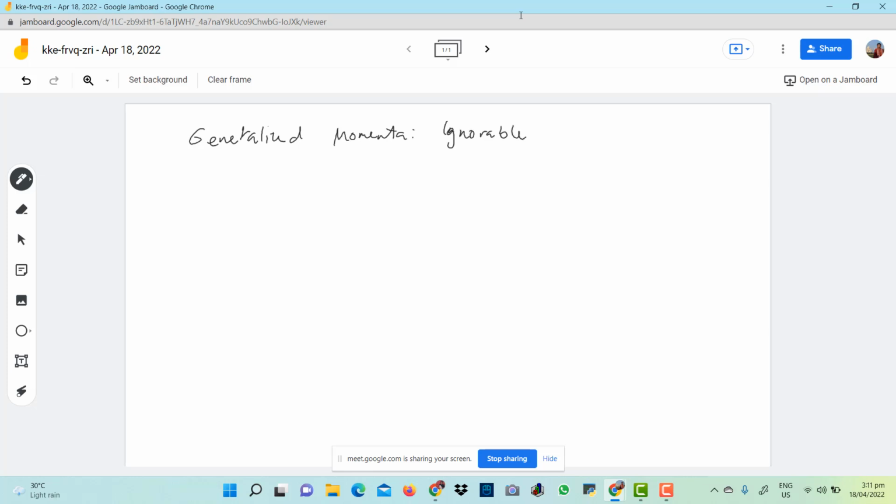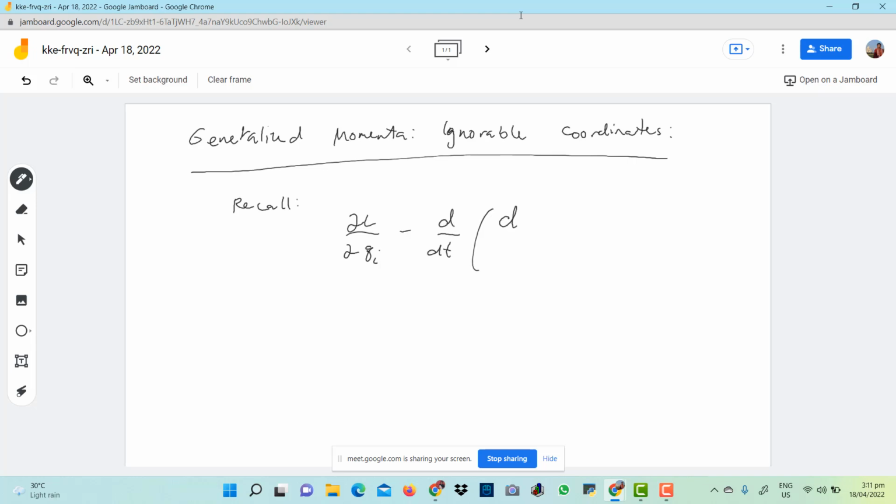So, dunay mga systems nga as you can see from the Euler-Lagrange. We recall the Euler-Lagrange is given by this: partial L with respect to qi minus d dt partial L with respect to qi dot. Okay.